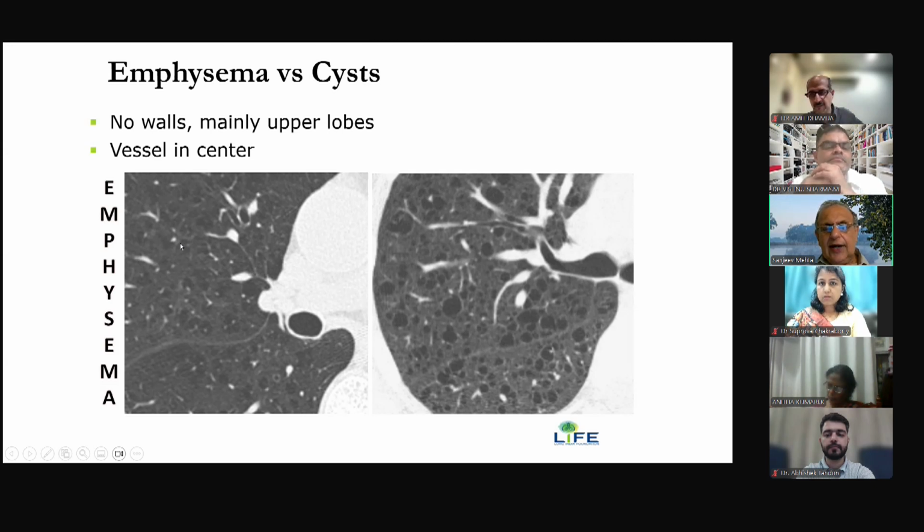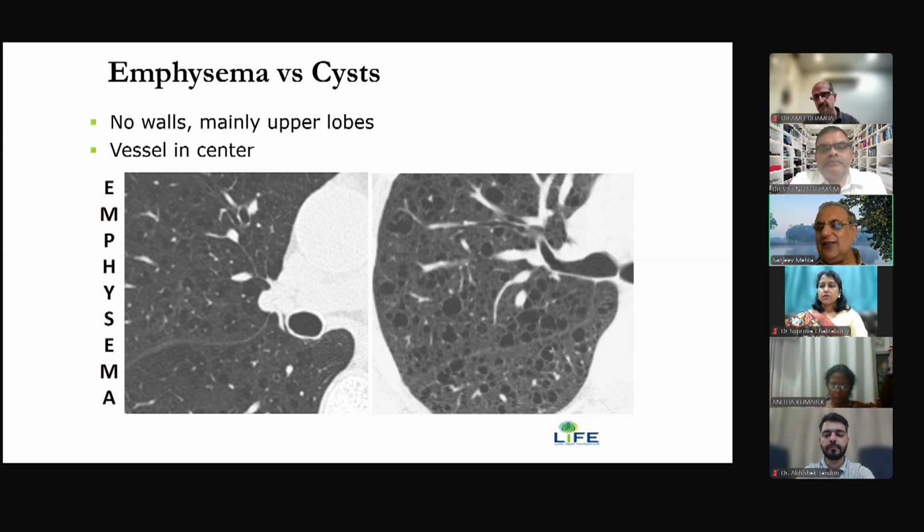You cannot identify a wall going around it, and the bronchovascular bundle is somewhere floating free inside this. That is a very important hallmark of emphysema versus this, which is a cyst, which is well defined. It has a thin wall, and you'll see the bronchovascular bundle is outside the cyst.